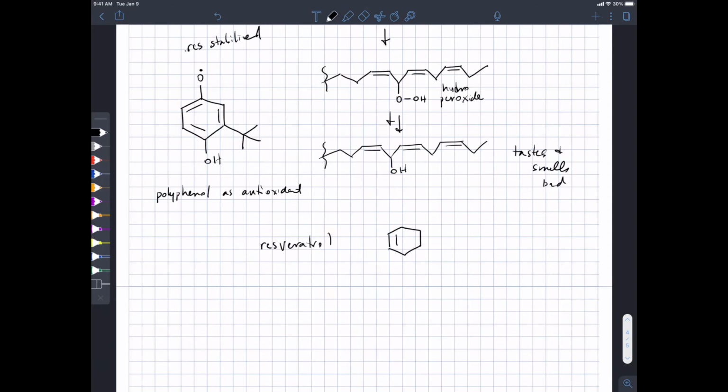It's found in grapes, and it is also a polyphenol, and you can form lots of radicals on those oxygens, and they're resonance stabilized, and they don't go on to react. So these are things that we might call radical traps. You trap the radical with something that's fairly stable, and the reaction's done. Good question. Others?